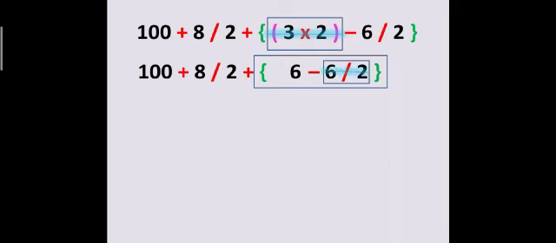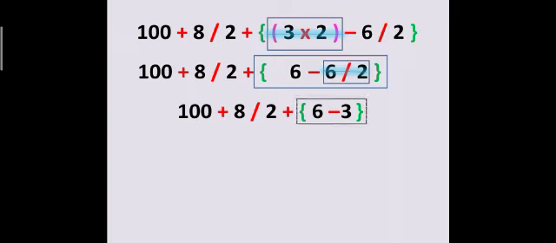In place of 6 divided by 2, write 3 and carry the remaining numbers. Now in the brace bracket, division has been removed, the other operation is subtraction. So solve the subtraction. 6 minus 3, it is 3. Carry the remaining numbers.